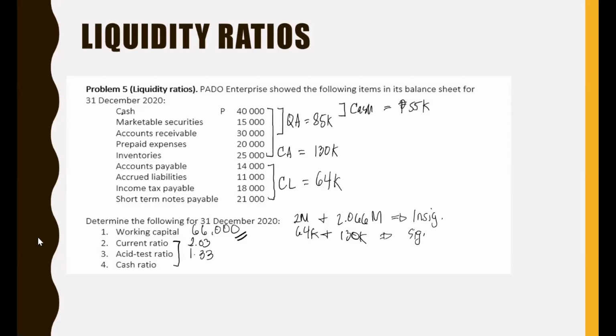Because marketable securities usually take 1 to 3 days to convert into cash. Okay, sometimes real time. Let's say the company has an investment in stocks, so it can dispose of its investments in stocks online, and then get the cash from this, and then use it to pay for the obligations of the company.